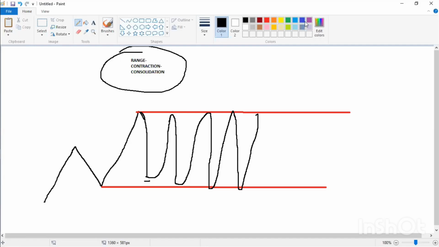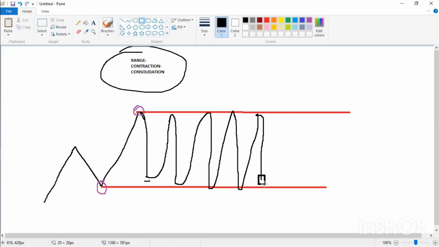So in a ranging market, the most important key levels are this one here and this. If price is not breaking this high or this low, we are in a range. Even if price does this, price came down here, but let's look at the candle now.